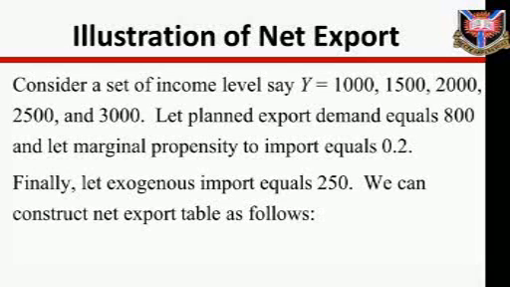Consider a set of income levels, say Y equals 1,000, 1,500, 2,000, 2,500, and 3,000. Let planned export demand equal 800 and let the marginal propensity to import equal 0.2. Finally, let exogenous import equal 250.